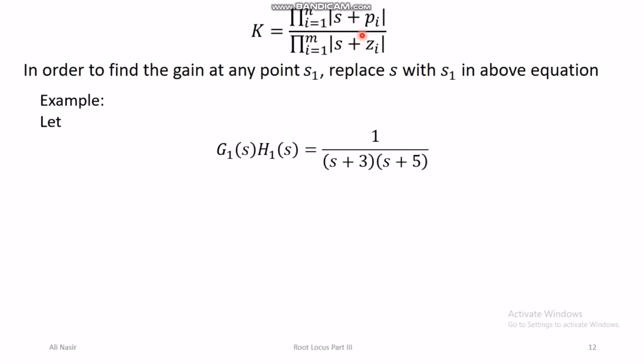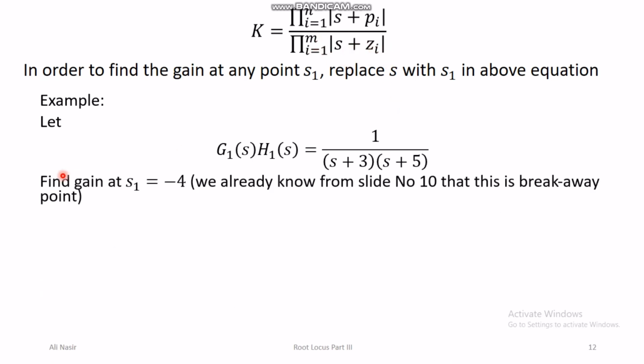When there is no zero, the denominator is simply 1. We want to find the gain of the root locus of this transfer function at the point s equal to -4. We already know from the previous slide, slide number 10, that this is the breakaway point.